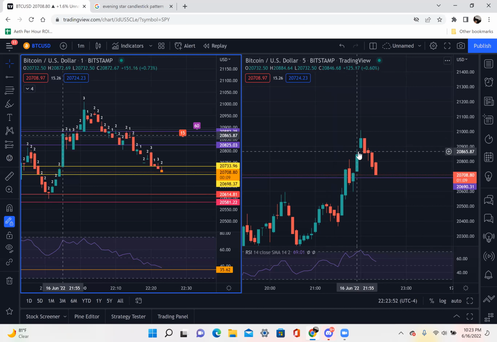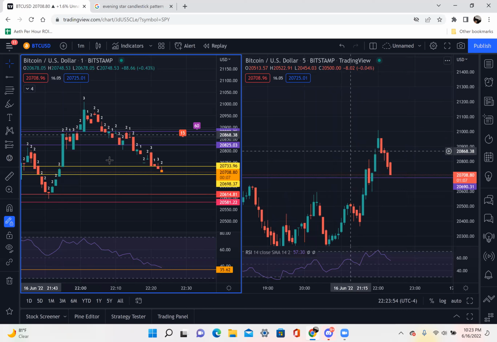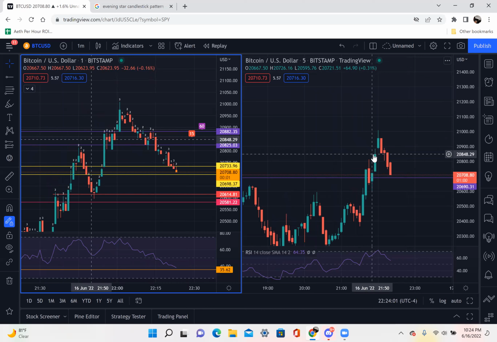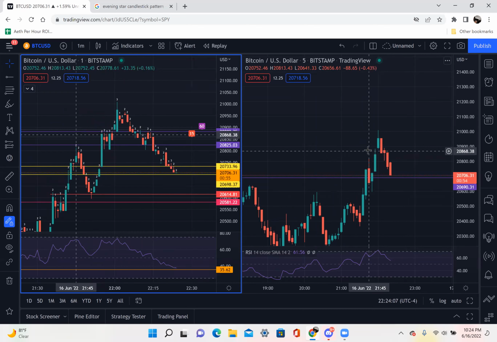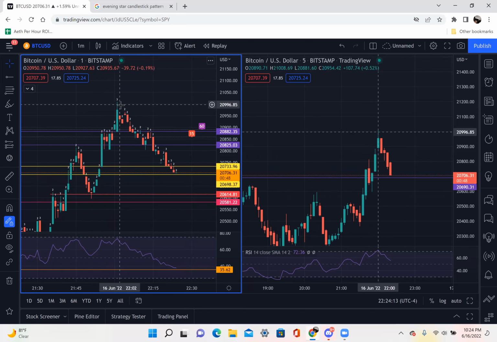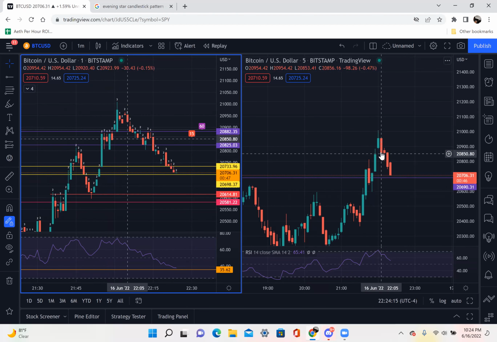Hold on. This is the wick right here. And look at the line over here. That's the range that was faking you out. You see it? And all it did was consolidate, consolidate, consolidate. Bull flag. But you don't see it on the 5 minute.